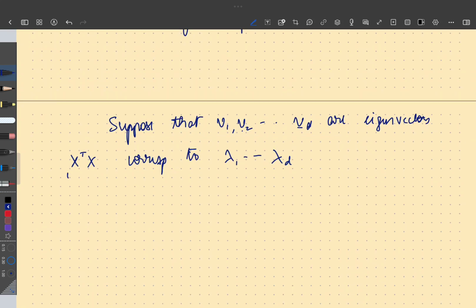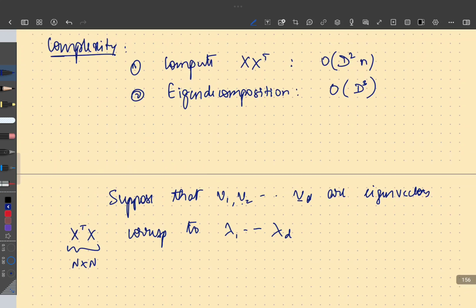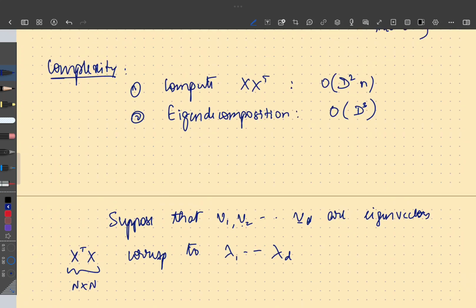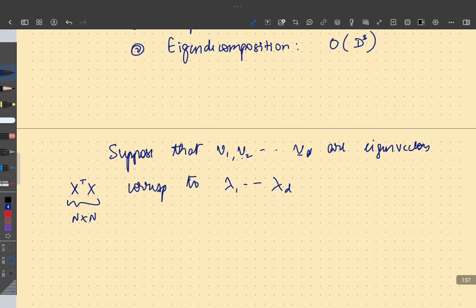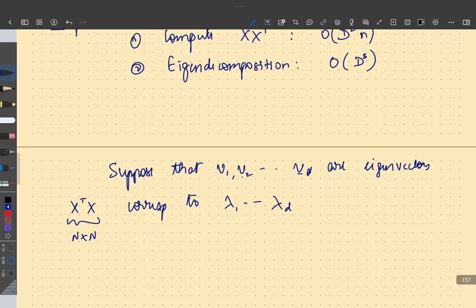So X transpose X is an n by n matrix. So instead of my complexity being dominated by capital D, it's going to be dominated by n. You want a small d representation anyway, but this will have some other benefits, as we'll see.